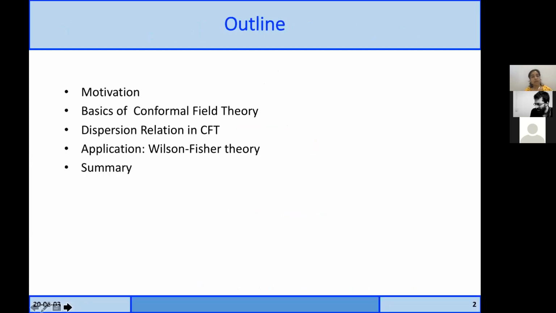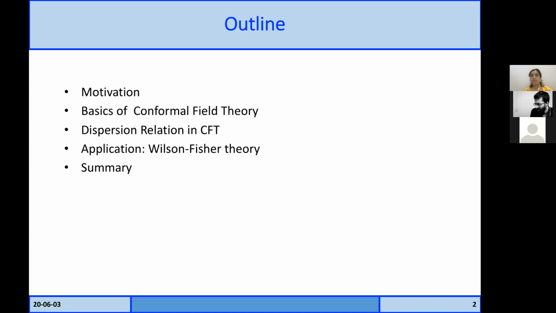This is a brief outline of what I'll discuss today. I'll start with a little bit of motivation for studying conformal field theories, mainly focusing on the ideas behind critical phenomena. We would like to develop a framework to compute critical exponents. So I will introduce the basic concepts of CFTs that we need. Then I will move on to the main topic, which is how to use conformal symmetry efficiently to compute observables.